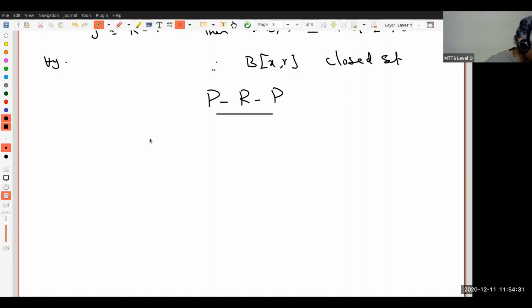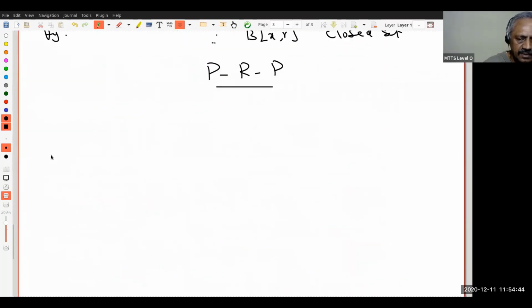Okay, next, what is it that I would like to do? The next thing is, this was for which example? Third. Now let's look at a fourth example. Suppose X and Y are metric spaces. We have the product metric space X cross Y. Let us look at the picture.